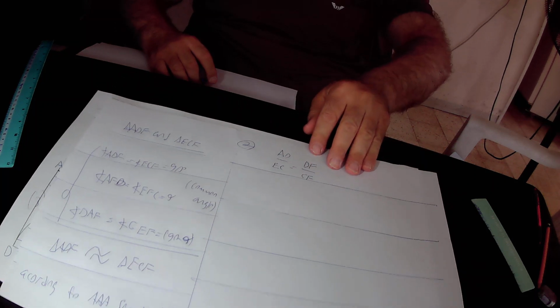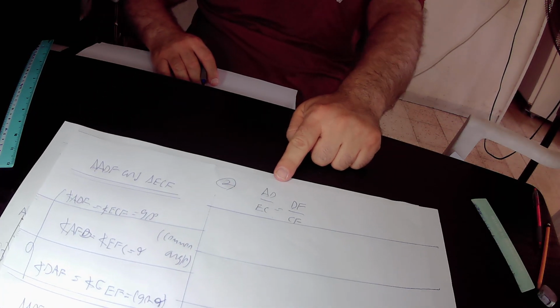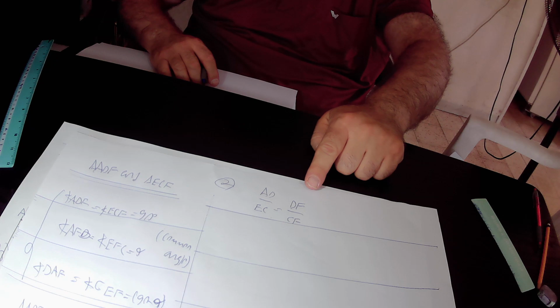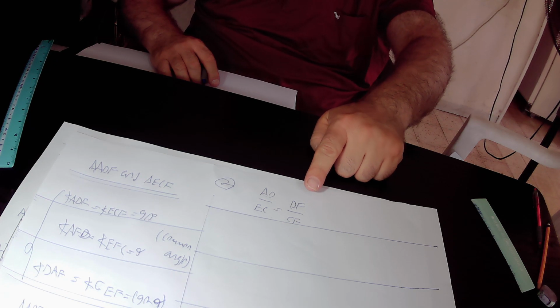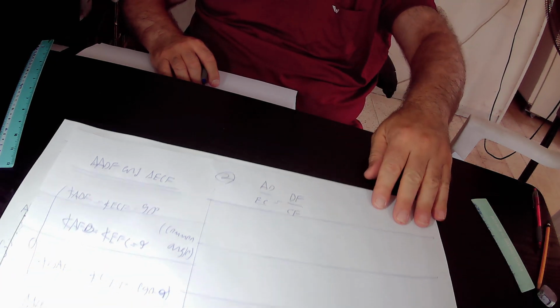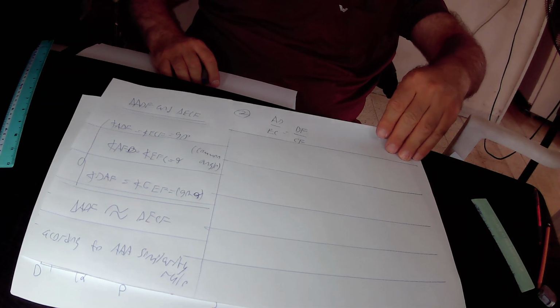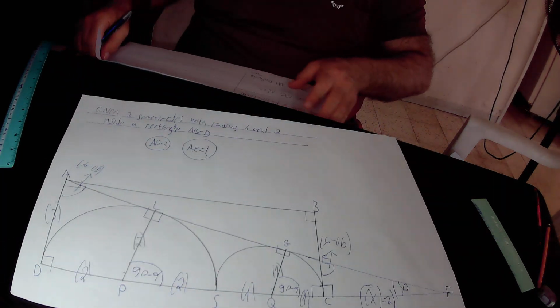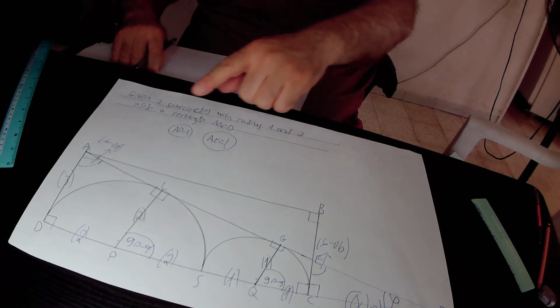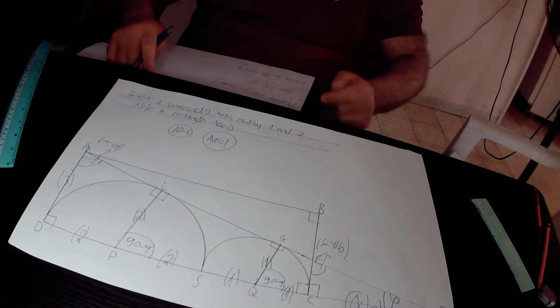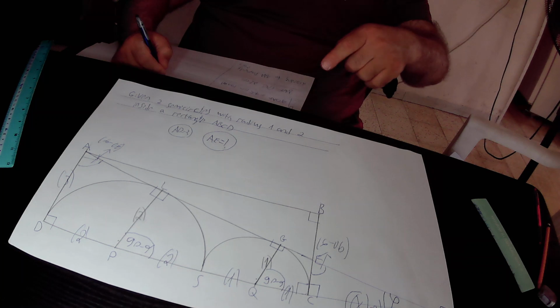We derive that side AD in the big triangle over side EC in the small triangle equals side DF in the big triangle over side CF in the small triangle. AD equals 3, therefore we have 3 over EC.